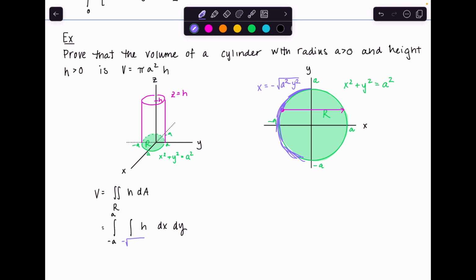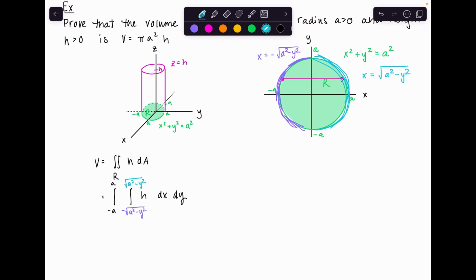That would be your lower bound. And then the upper bound is the right half of the circle, which is the positive square root of a squared minus y squared. And then if you wanted to do this in the other way, it would just be very similar, except these would be x's instead. So I'm going to omit doing that one.